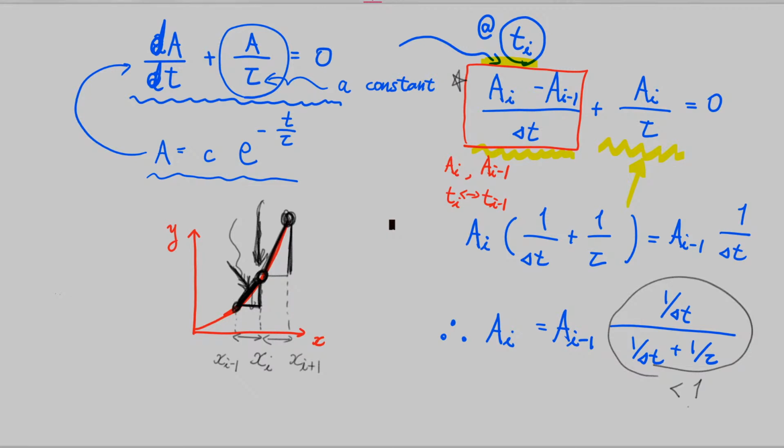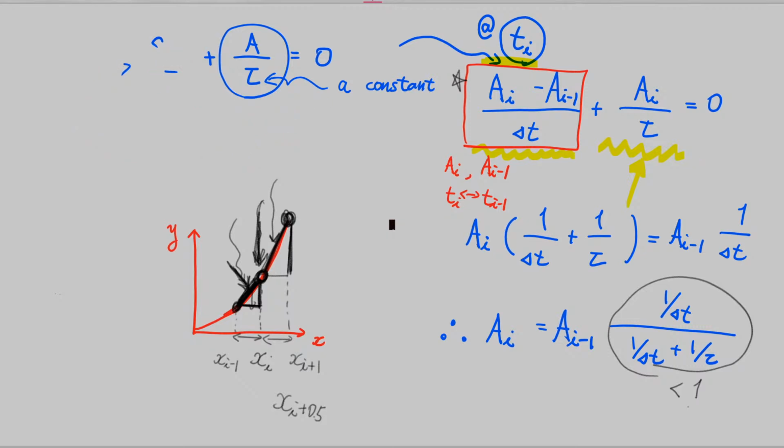Then this slope is defined at the midpoint, for example x sub i plus half. Yes, also this is not an exact way to evaluate the derivative at x sub i.